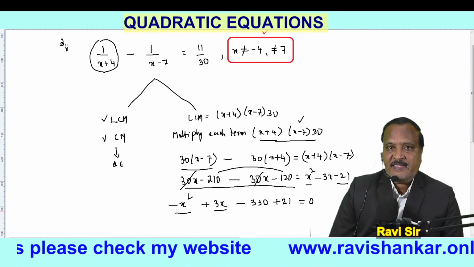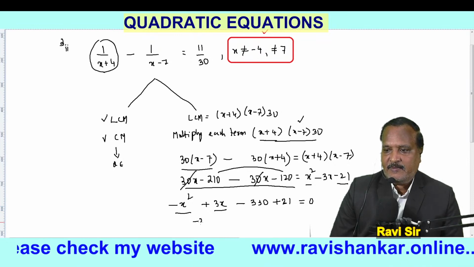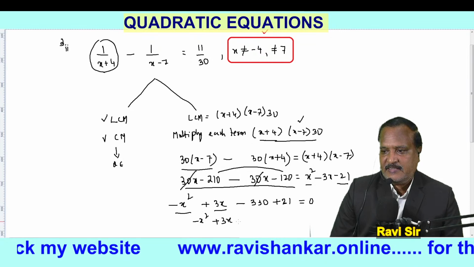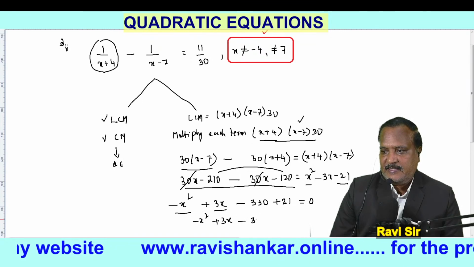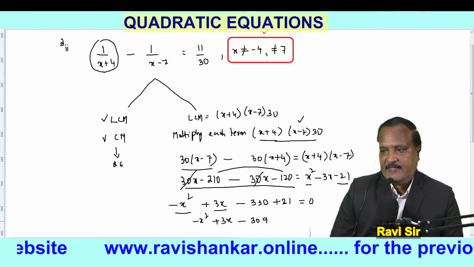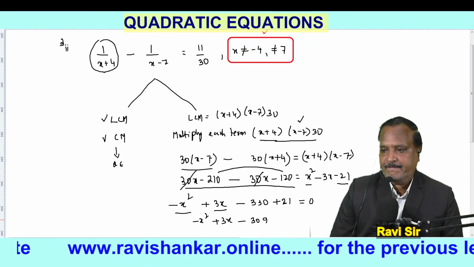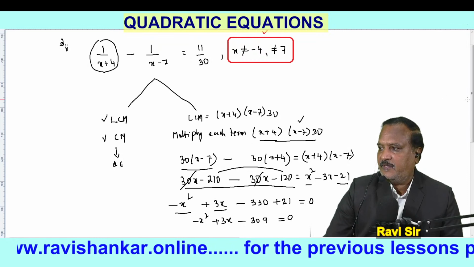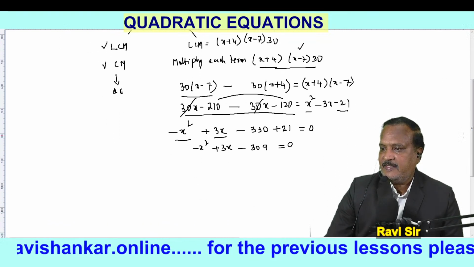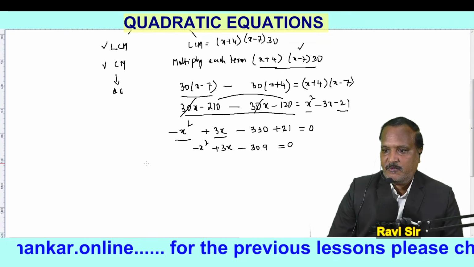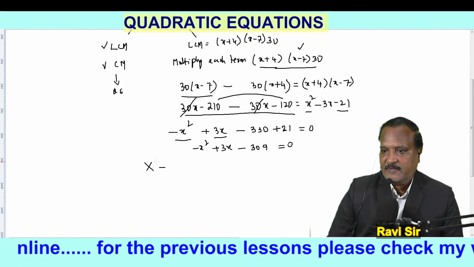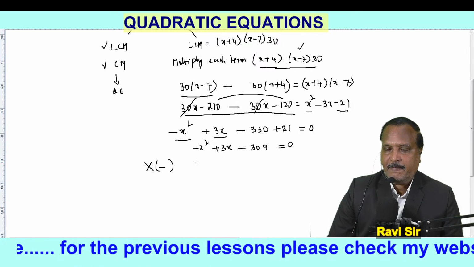Now x square is having minus. Let me do one more step for this. Minus x square plus 3x minus 309 is equal to 0. So the x square term is having minus. So multiply the whole equation by minus.